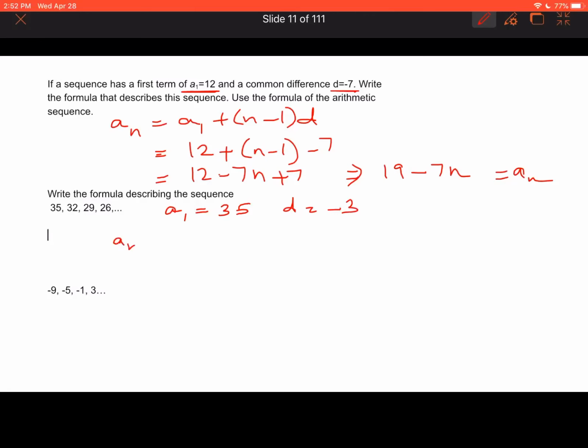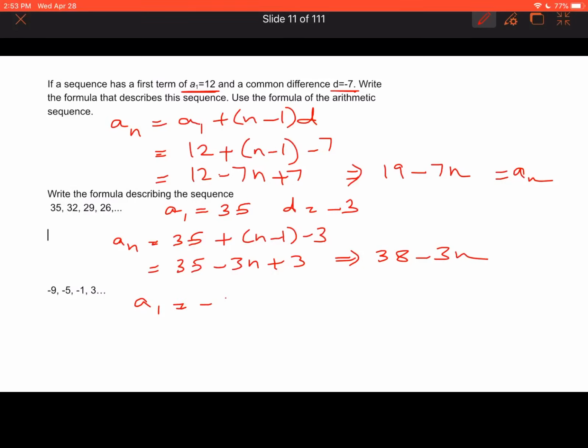So the value of an is equal to 35 plus n minus 1 times d, which is equal to 35 minus 3n plus 3, which is equal to 38 minus 3n.